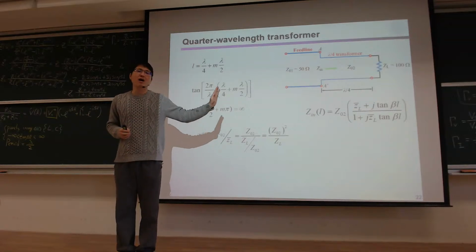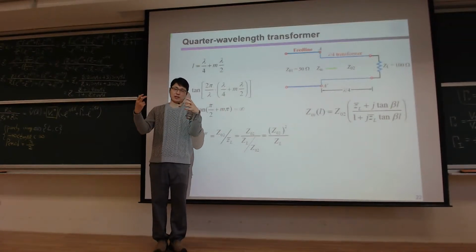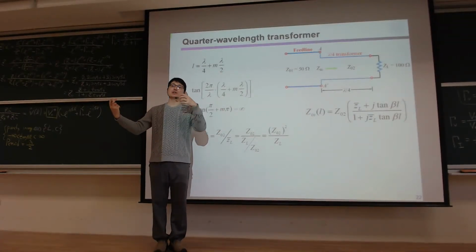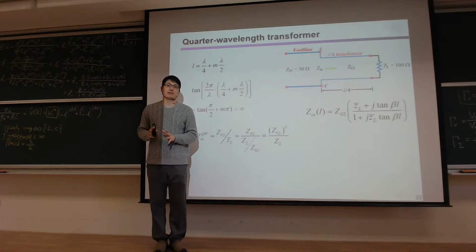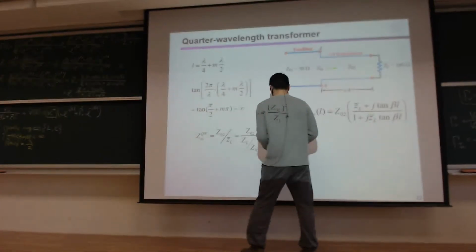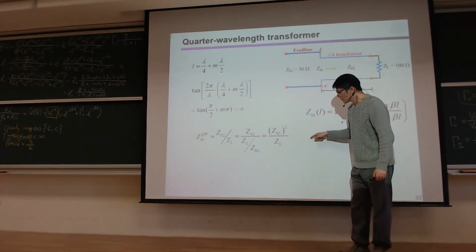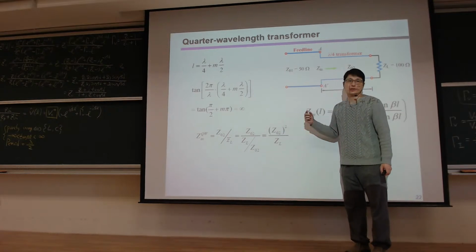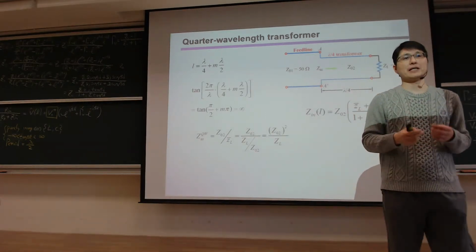But now I'm already offering you one way to match the load impedance to the characteristic impedance of the transmission line if you have a second set of transmission line with the right characteristic impedance. Okay? All you have to do is write down this is equal to Z01, and you find out the proper Z02. If you happen to have that set of transmission line, then you can perform impedance matching.